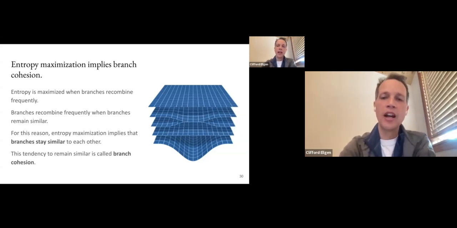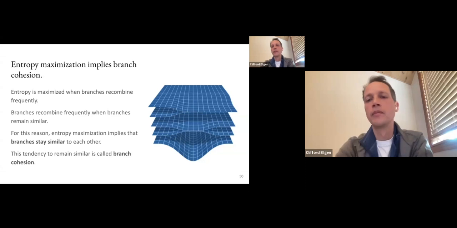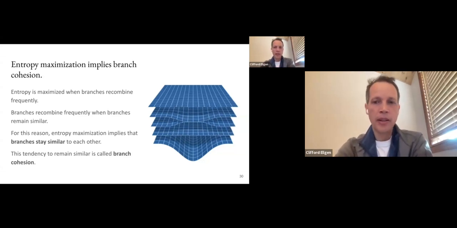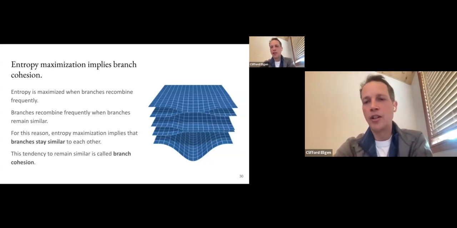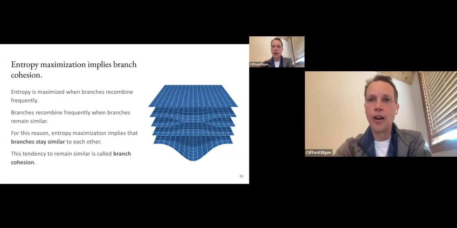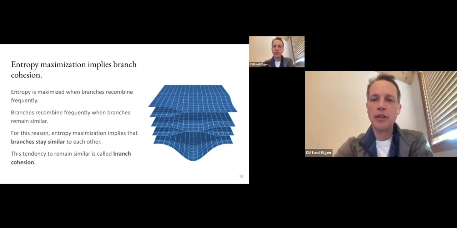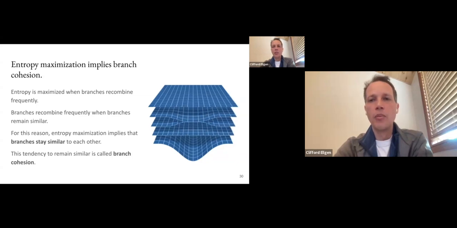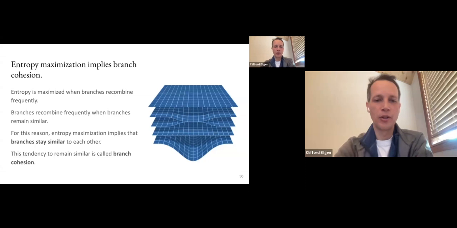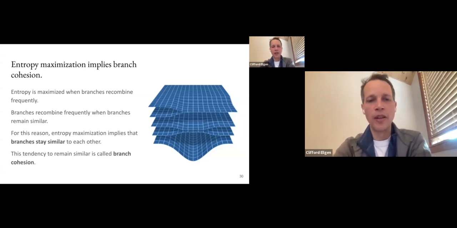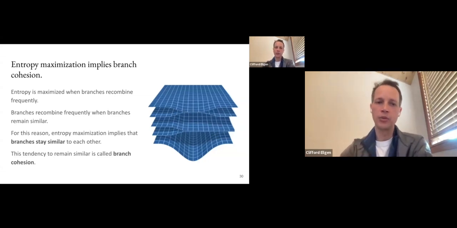Because it is not similar, it cannot frequently recombine with them, so it's not contributing to the new branches and new states that result from recombination. And so there's an entropic pressure for branches to not do that. They want to stay similar so they can frequently recombine. We'll call that entropic tendency to stay similar to each other branch cohesion. Branches will tend to stay similar.